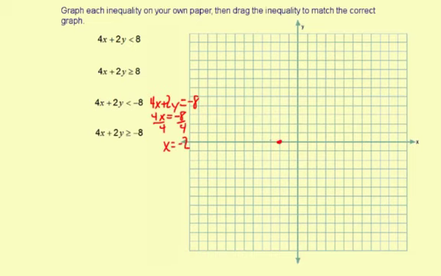Negative 2 there. And then for the y, 2y equals negative 8, divided by 2, y equals negative 4. So that's going to be here at negative 4. And dashed line, dashed line this way.